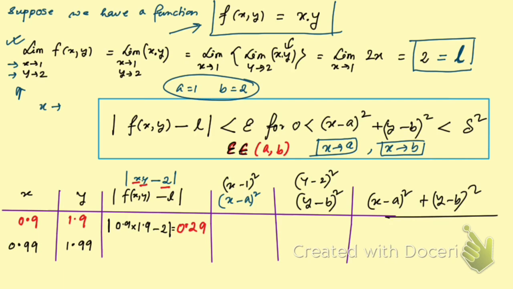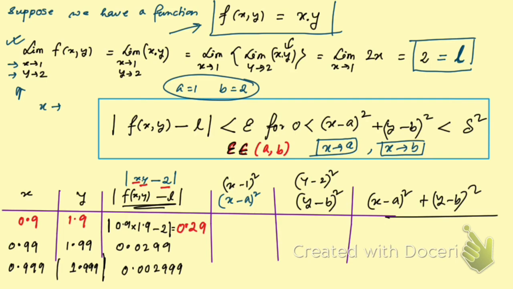If you use the calculator, as I have already calculated, you're going to have 0.0299. You can check by yourself. Then if you take x equal to 0.999 and y equal to 1.999, then this value is going to be 0.00299. Sorry, 0.999, not 0.99. That's what we're going to have, right?